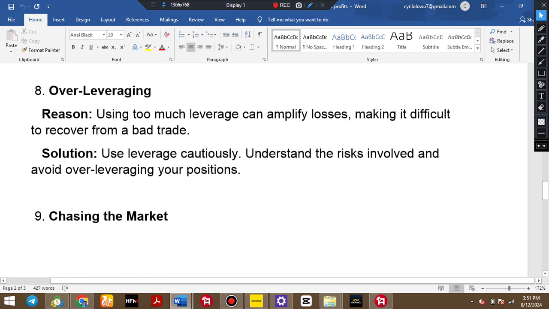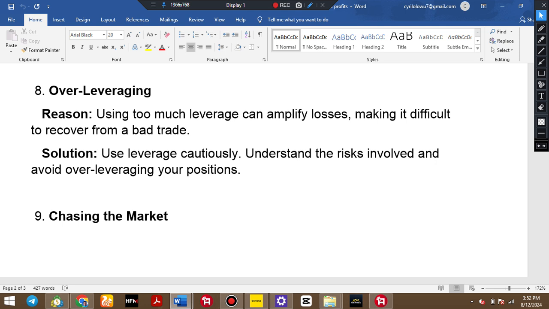Reason: using too much leverage can amplify losses, making it difficult to recover from a bad trade. Yes, when the leverage is too much and you encounter a loss, you can hardly recover. This happens on pairs that have huge volatility. Talk of gold, the NAS, and also on synthetics, talk of Boom and Crash, they are very volatile.